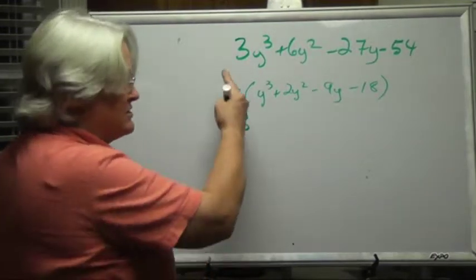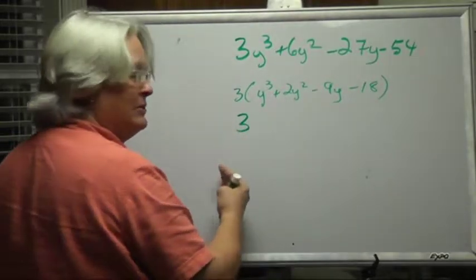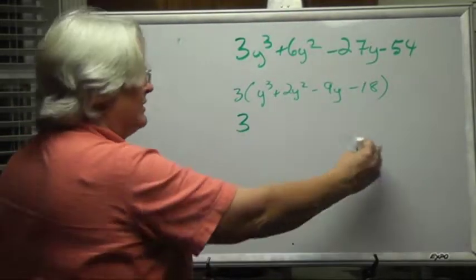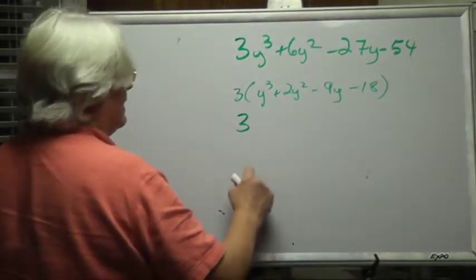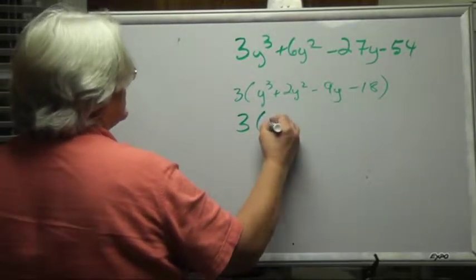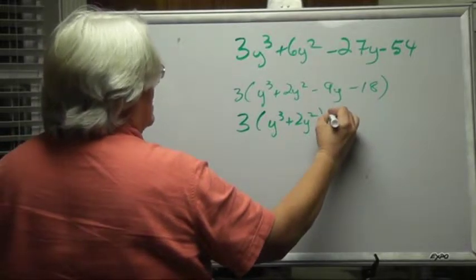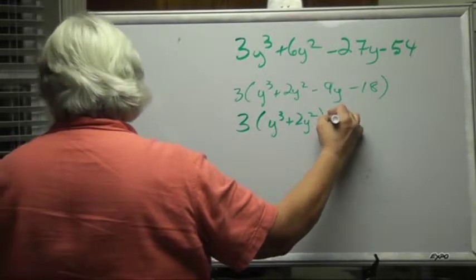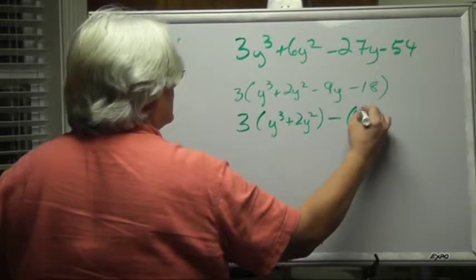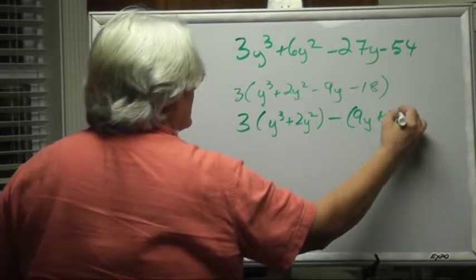That's why this is a good example of why I say begin your problem at the left and write from left to right. So we're going to have 3 times the quantity y cubed plus 2y squared minus the quantity 9y plus 18.